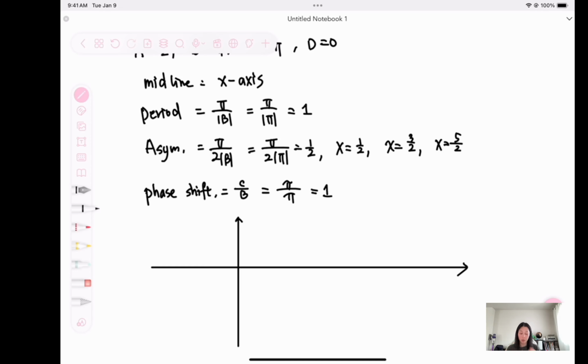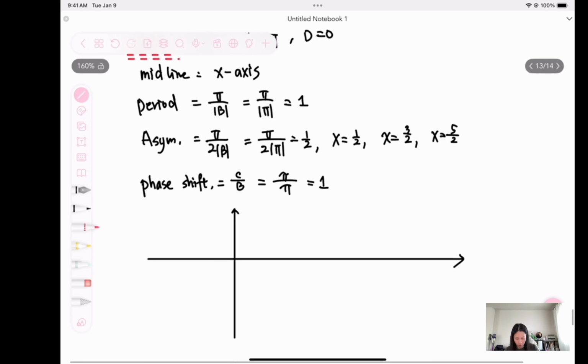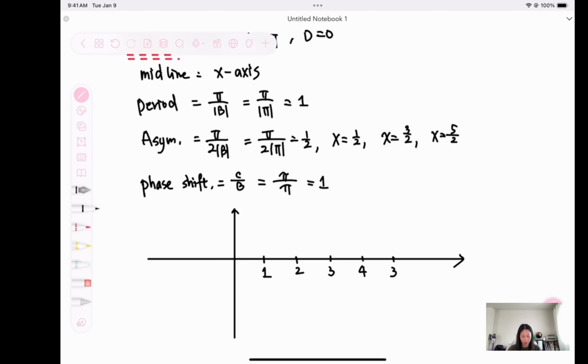Let's label everything that we know, and then later we talk about the stretching factor. So we have 1, 2, 3, 4, 5. And the asymptote is every 1/2. So here's asymptote 1, and another asymptote would be 1.5.